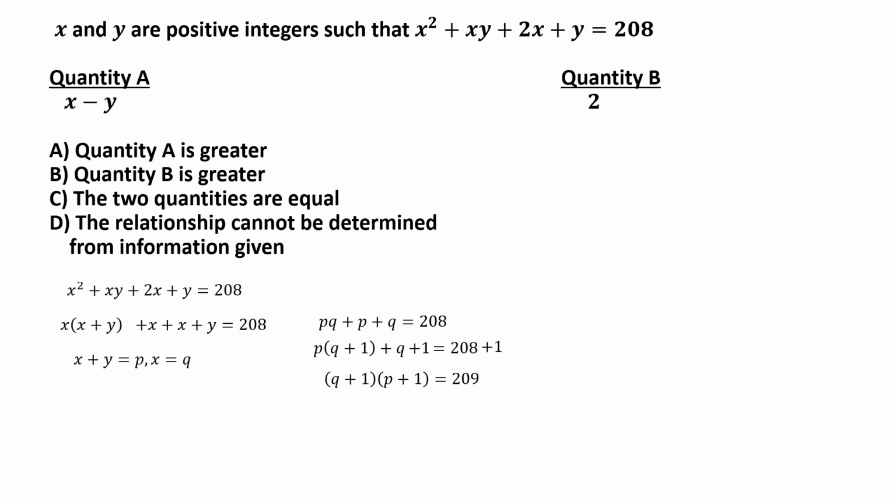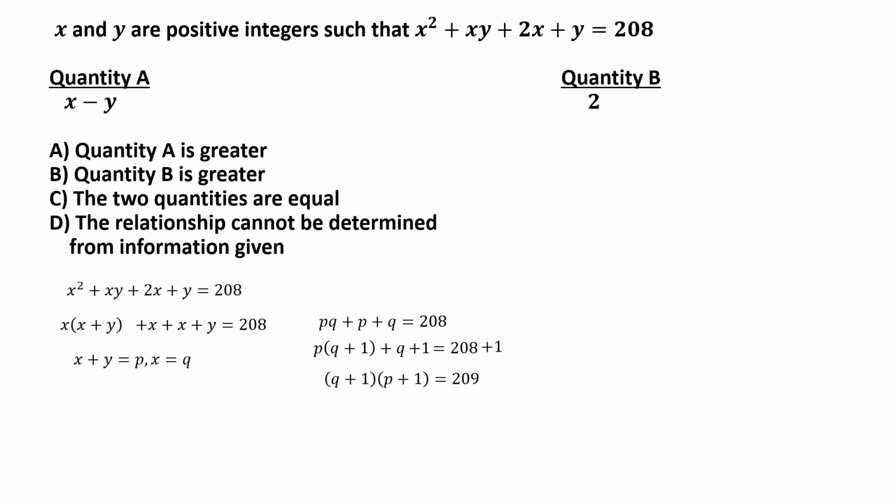Now, since x and y are integers and p and q are defined based on them, with simple linear operations, x plus y, and q is equal to x itself, it's clear that both p and q are also got to be positive integers, right? And furthermore, we have q plus 1 and p plus 1, which implies that both of these should be positive integers greater than 1.